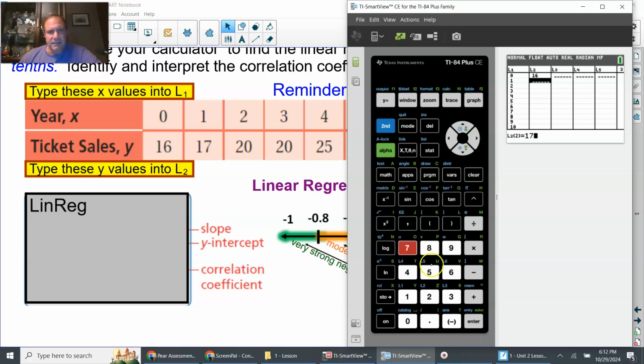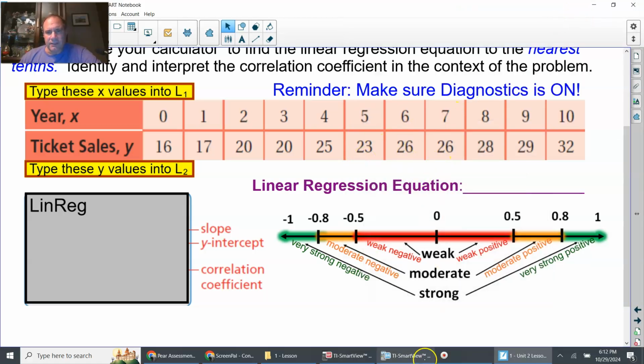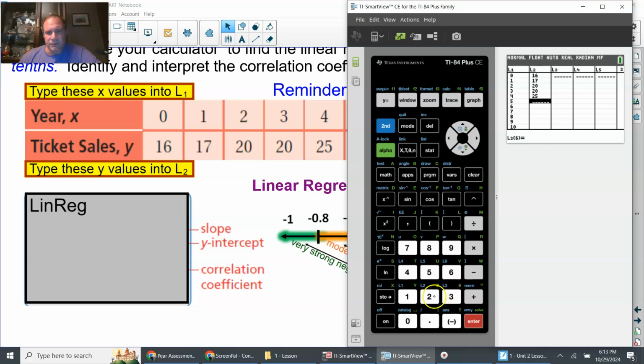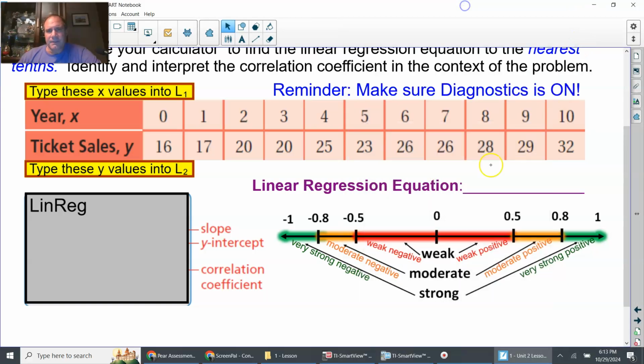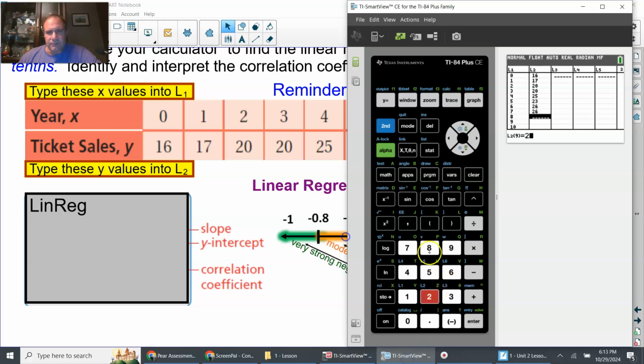Enter, 17, 20, twice, 25, and then I'm just going to go down, 23 and 26 twice. So 23, 26, 26, twice, 28, 29, and 32.